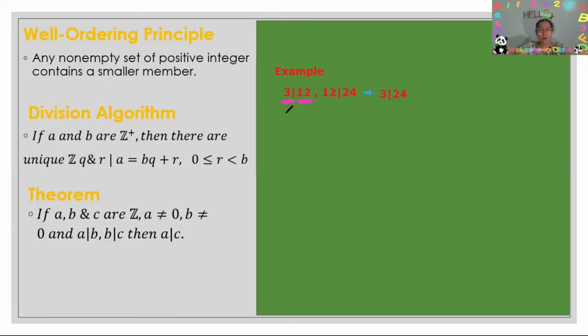So this will be our A, this will be our B, and this one is the B, and this also is the C. So then A divides C. So it's just a theorem.